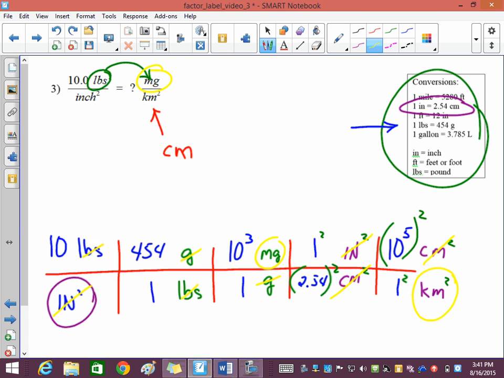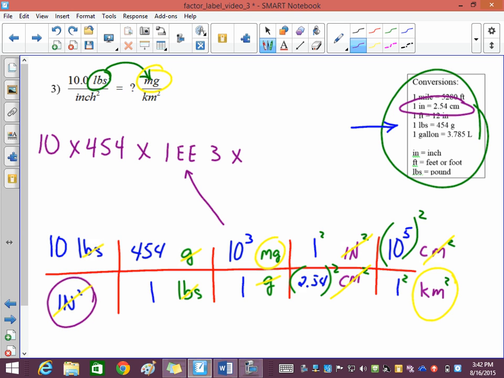So when typing all this in, and again, this is the big battle for some of you, make sure that you're using your calculator correctly. So we want to say, okay, I've got 10 times 454. Again, I'm doing the top line first, times 1 E3. That represents 10 to the third. Now, here's what gets really hairy. Order of operations for your calculator is very, very particular.